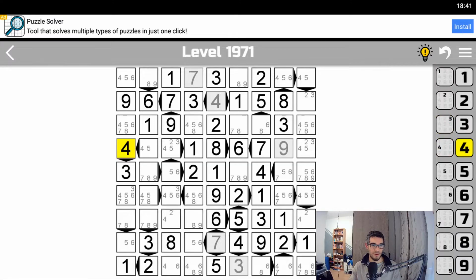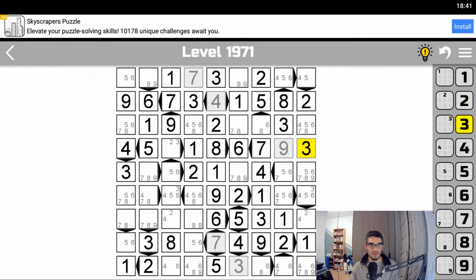This has to be a 4, 5. So again, this can be a 4 or a 5. This can be a 4. This can't be a 4. This can be a 3 or a 4. 5 here removed. And therefore this has to be a 2.